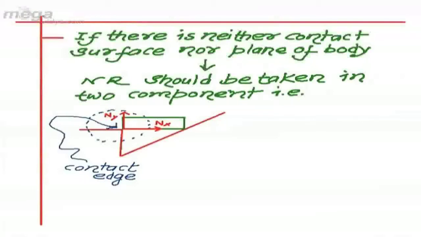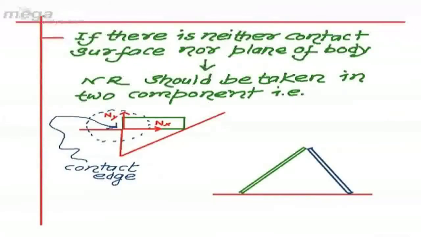Consider one more example. In this example, this is a horizontal surface, a particular situation where two rods are in contact with each other at their ends only. No doubt, thinking of a contact surface here is of no use because there is no particular surface. Here, two points of the given two rods are in contact, so this is point to point contact.